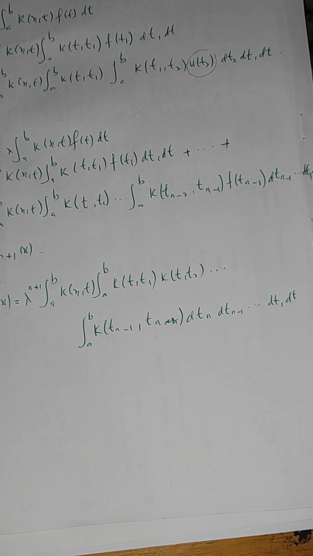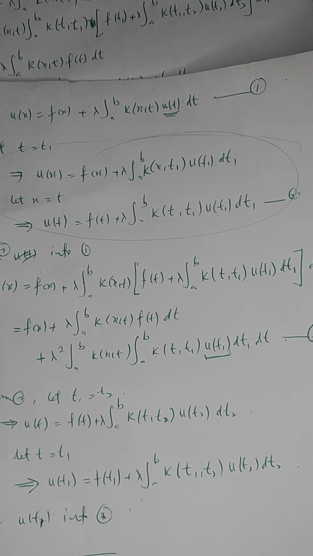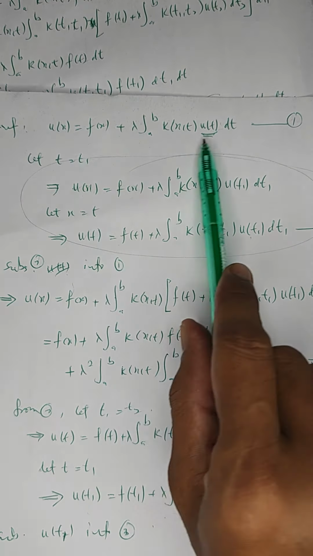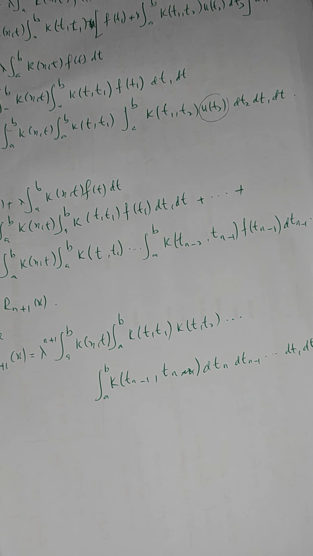Now we have shown that the solution to our non-homogeneous Fredholm integral equation can be written as that. So what we need to show now is: does the series on the right-hand side of that, f(x) plus everything here, converge?